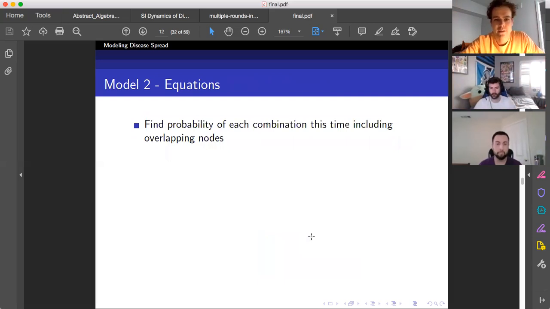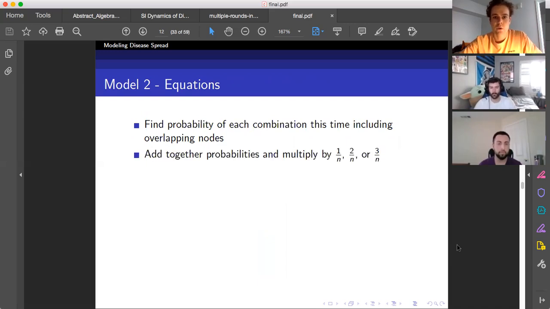The process for finding the equations is similar to the first model in that we need to find the probability of each combination. But like I said in the last slide, this time we're including the overlapping nodes. Once we figure out the probability of each combination occurring, we need to figure out how many new infections there are with that combination.